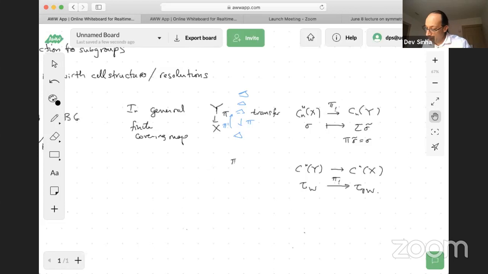So this one is going the wrong way, up from the base to the fiber. So if I apply that and then apply the usual map, this is going to just be multiplication by the number of sheets. So that's a crash course on the transfer.